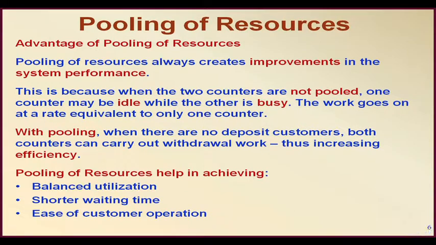So, what does pooling of resources really help in achieving? First of all, balanced utilization. The utilization of both counters becomes possible. Usually, the deposit counter may have only 10 arrivals per hour and the withdrawal counter 20 per hour.